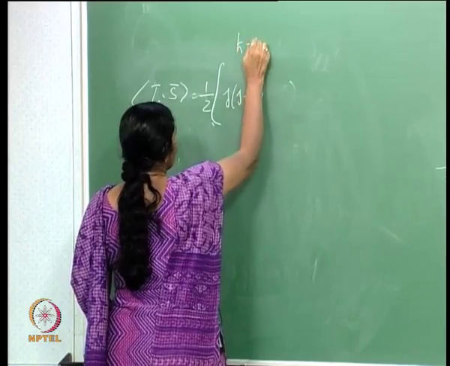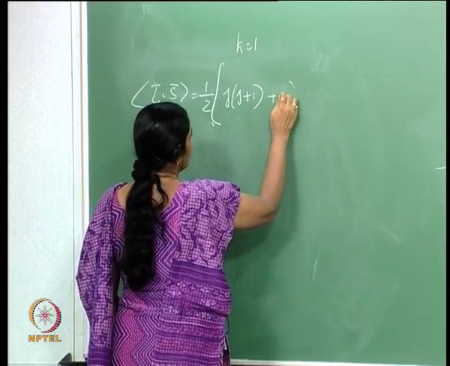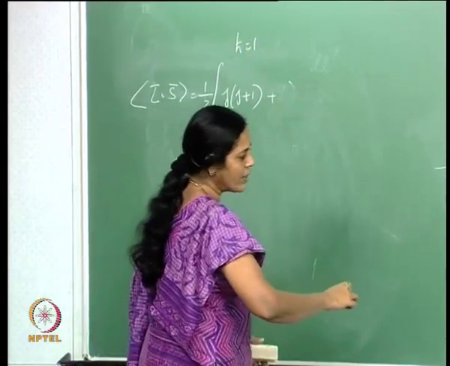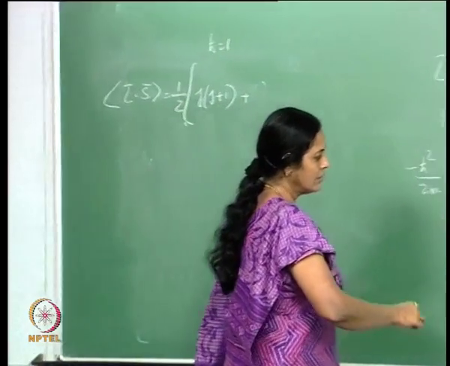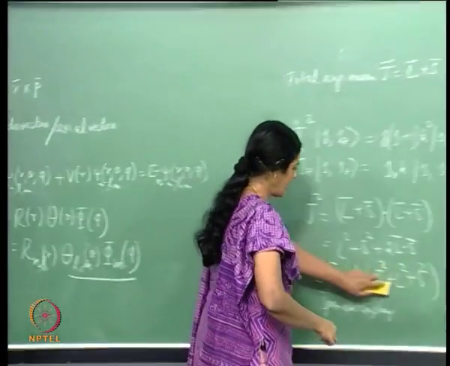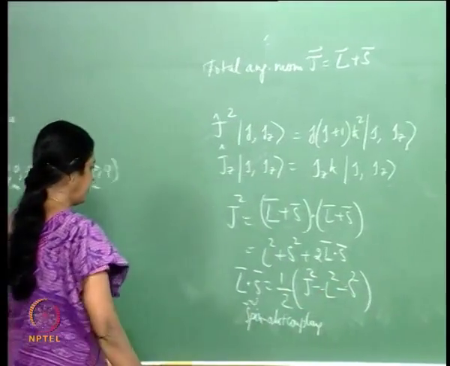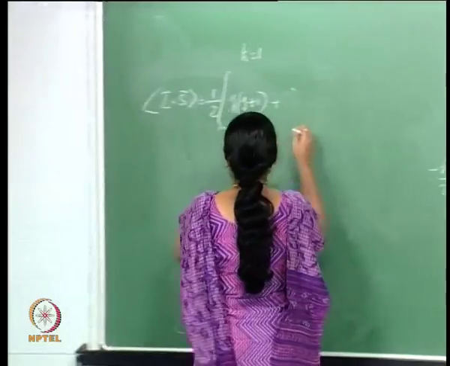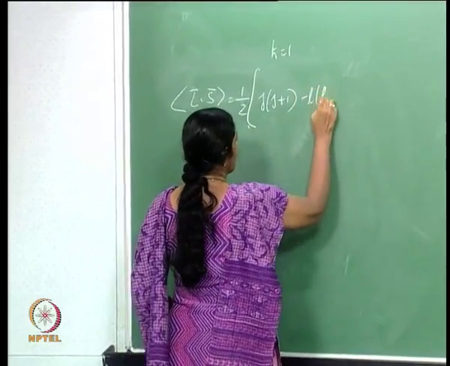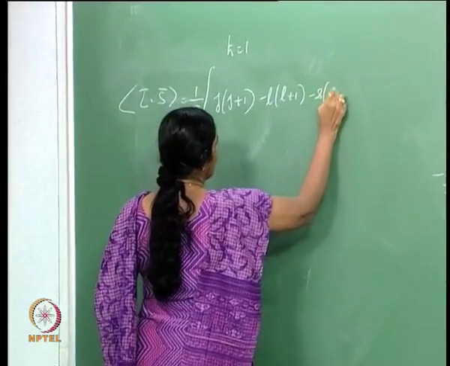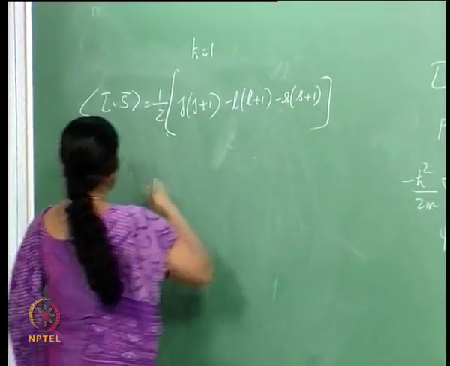So, I have set h cross equals 1. It is J times J plus 1 minus L times L plus 1 minus S times S plus 1. So, this is going to be the value.